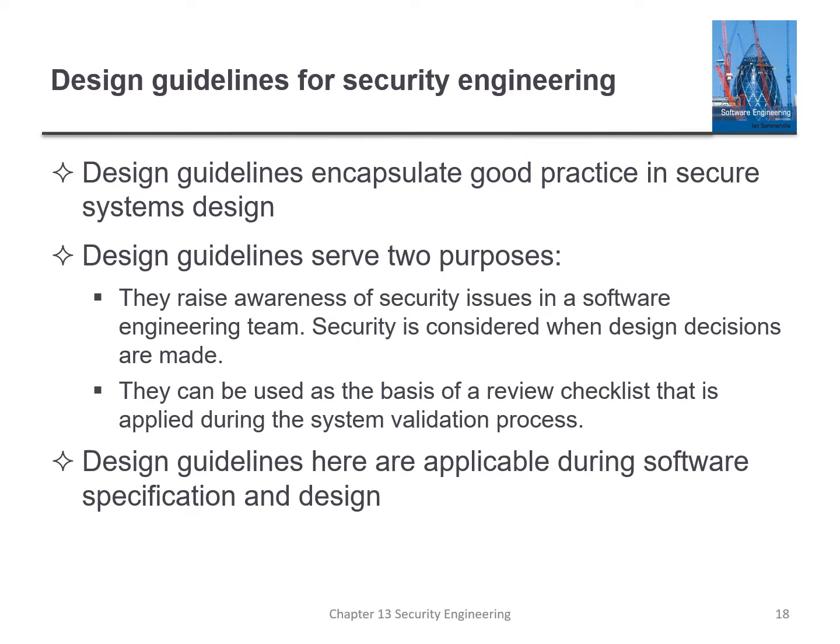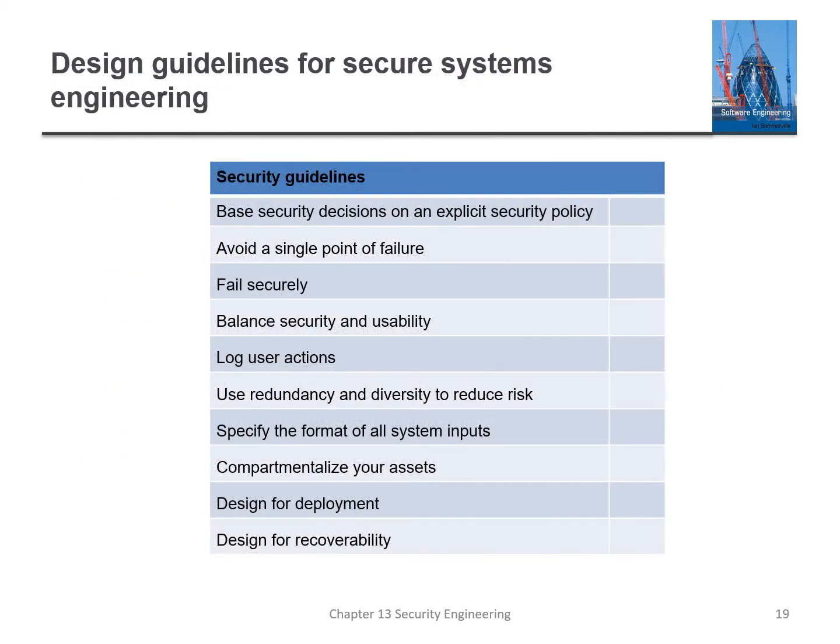These design guidelines or best practices are basically trying to raise awareness on the security issues handled by the security engineering team, right? And it is actually a basis for the review checklist. So that during validation, sometimes if you don't have this checklist, the software engineering team or the team managing the security might miss some of the important elements to be checked.